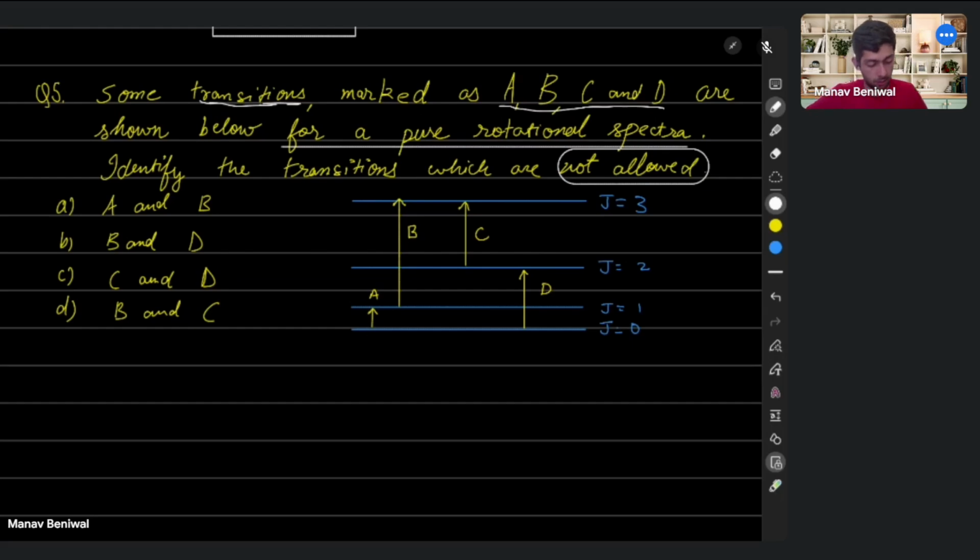So not all transitions between rotational energy levels are allowed.